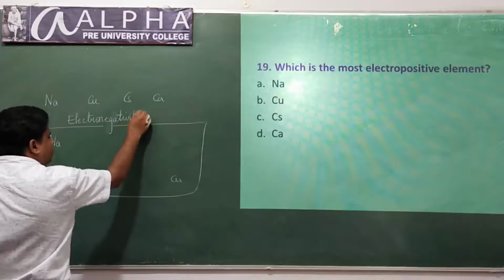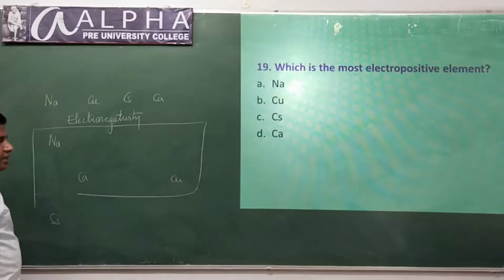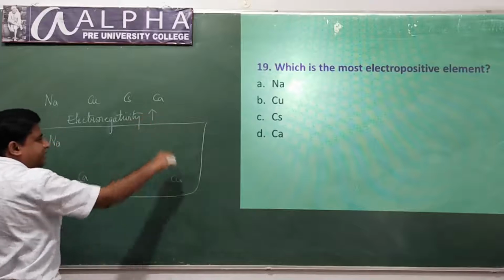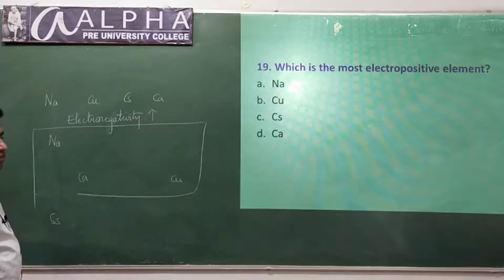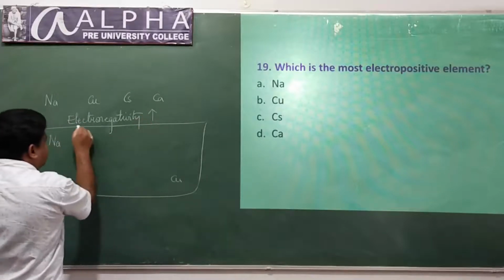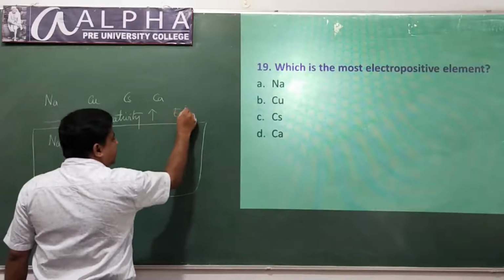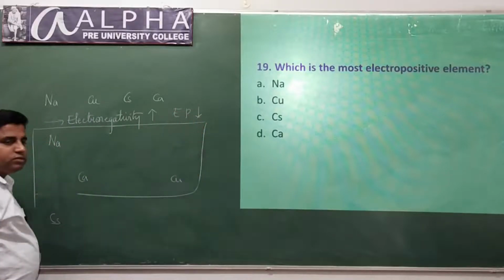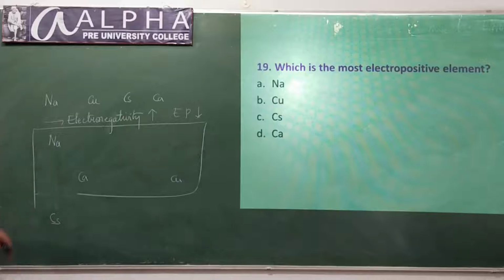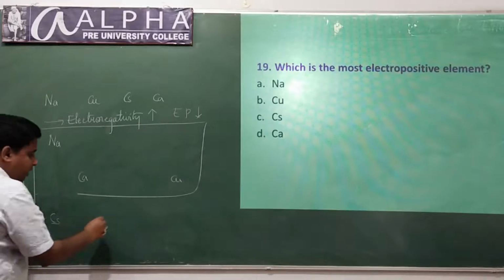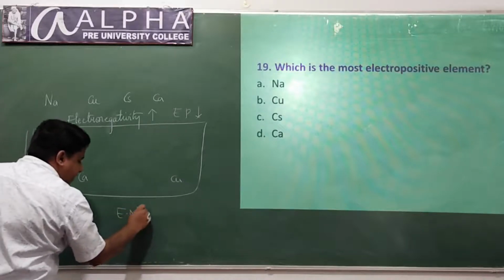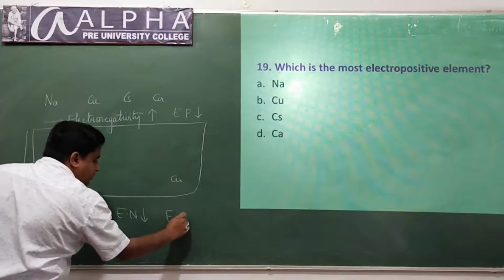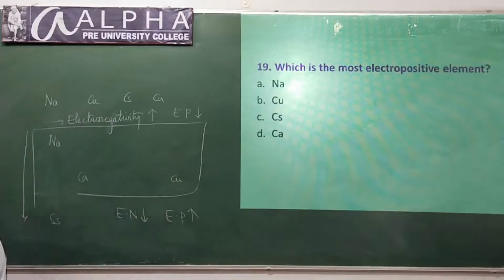We know along the period electronegativity increases. If electronegativity increases along the period, electropositivity will decrease. Correct. But as we go down the group, electronegativity decreases, which means electropositivity will increase. So which element is down?